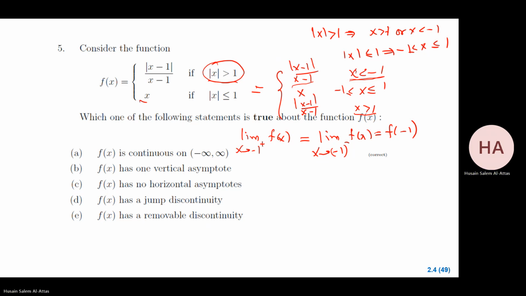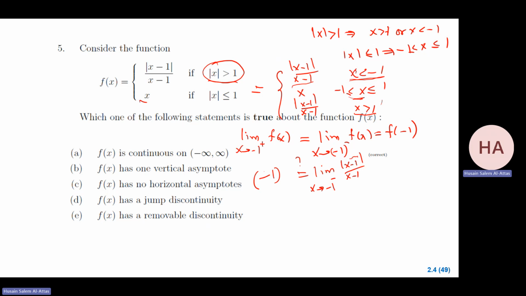Okay, let me see. x goes to −1 from the right. −1 from the right will be here. So the answer is −1. Done. Now this one, is it equal to the limit? That's a question mark. x goes to −1 from the left of this one. −1 from the left is negative, which is −1 point something.